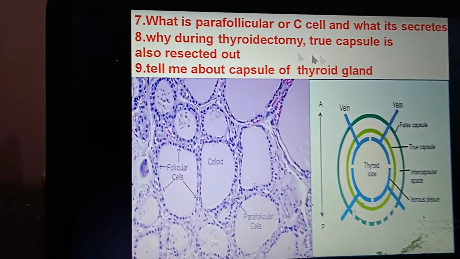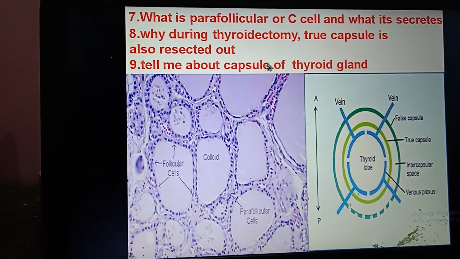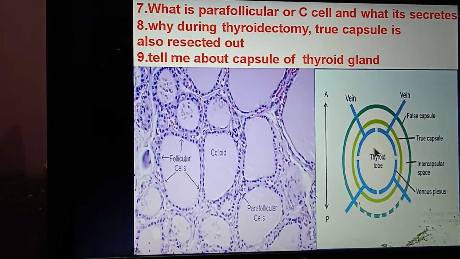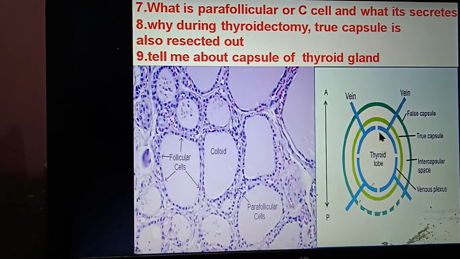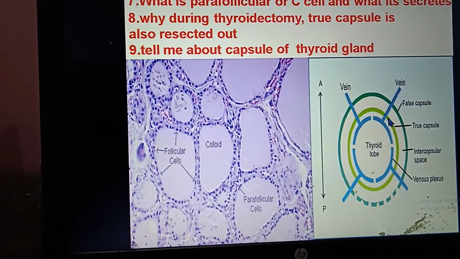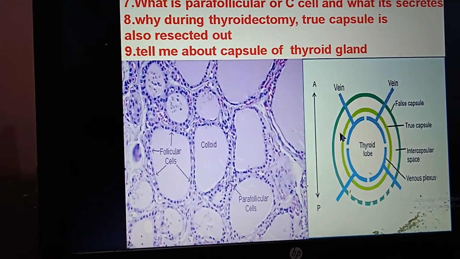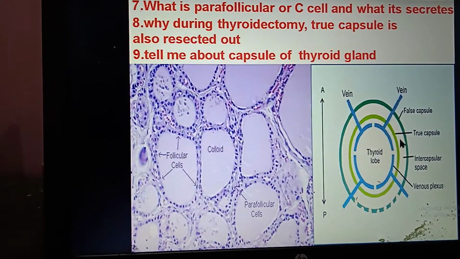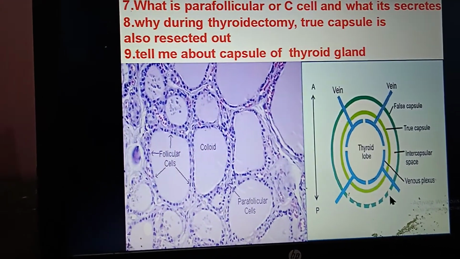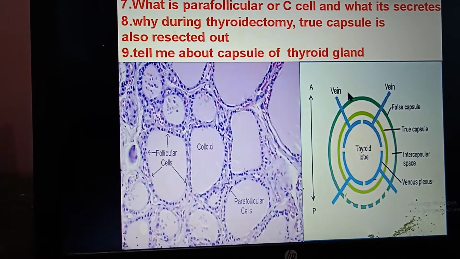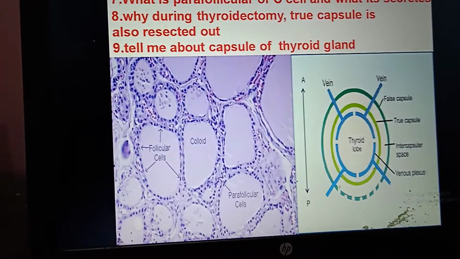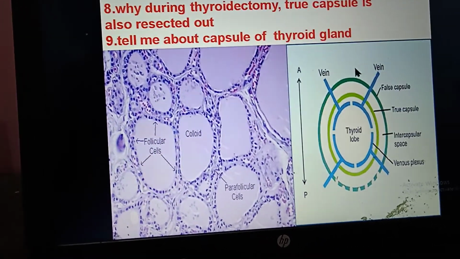Why during thyroidectomy is the true capsule also resected out? What we are seeing here is the thyroid gland, enveloped first by the true capsule, which is the condensation of peripheral stroma, and externally the false capsule, which is derived from the pretracheal fascia.